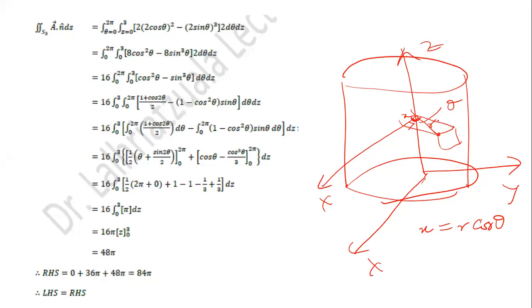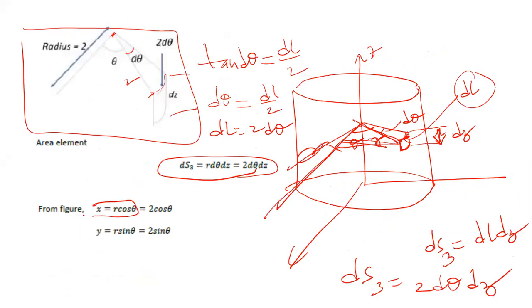And if you drop a perpendicular to the y-axis, this y here, this is 90 degrees. So you can write y as r sine theta. I hope you are familiar with that. You can just picture a right angle triangle there, and then write x as r cos theta and y as r sine theta. Like this, you write x in terms of theta and y in terms of theta. Here the radius is 2. Instead of r, you just put 2.